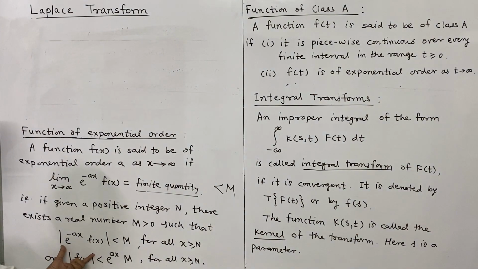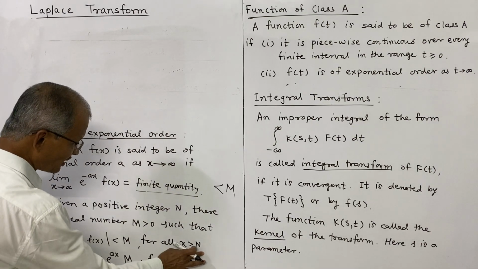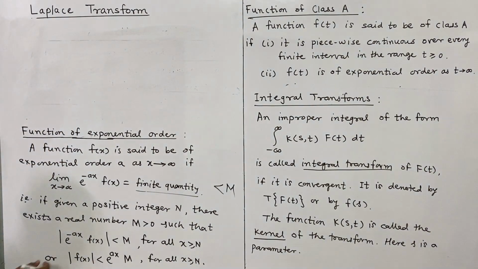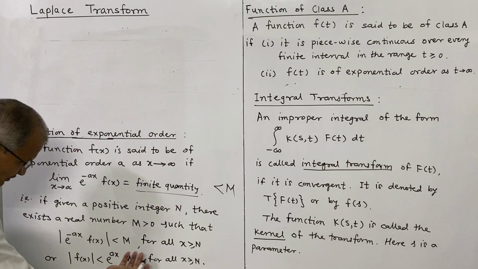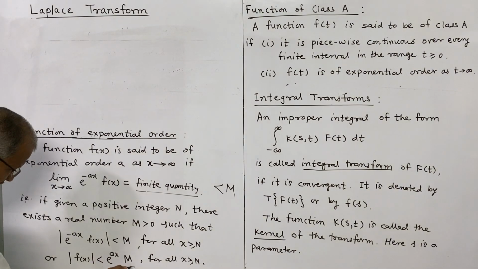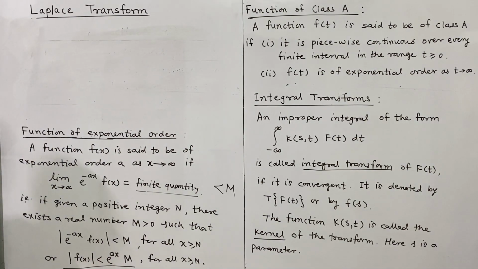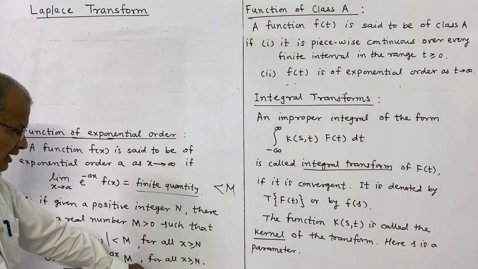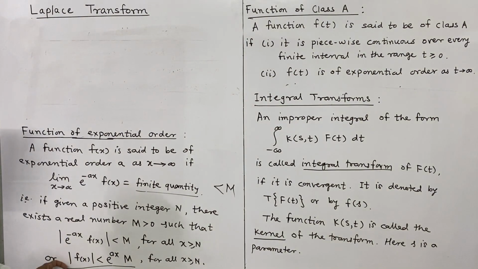And if this absolute value is less than M for all x greater than or equal to N, sufficiently large x, then since this is a product of absolute values, this term can be shifted to the other side, and it becomes absolute value of f of x is strictly less than e power ax into M for x greater than or equal to N. That is the meaning of function of exponential order.